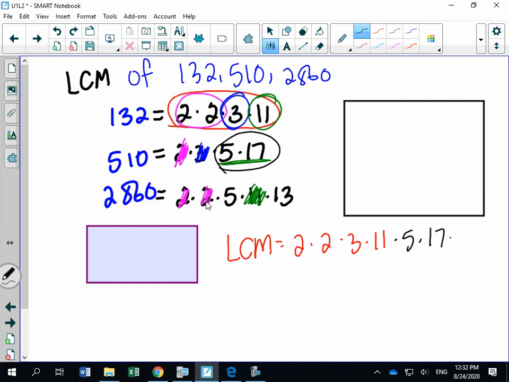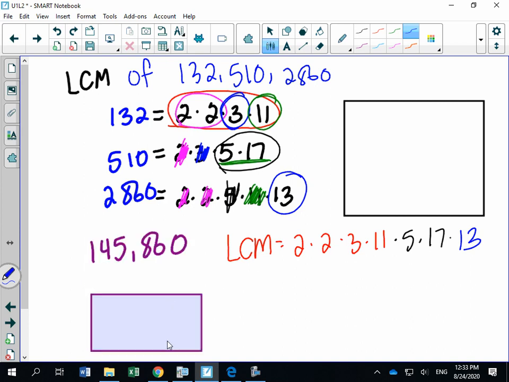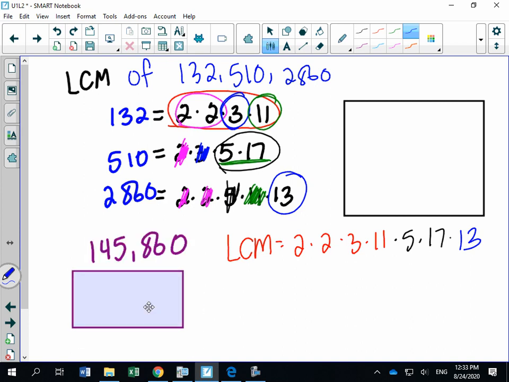Is there a 5 I could cancel down here? Yes, there's 1 5. I took a 17 from here. Is there a 17 to cancel from here? No. So I'm done my canceling. Now I take any additional prime factors, which is a 13. I've got all my prime factors listed. You multiply those guys together and you will get this answer here.